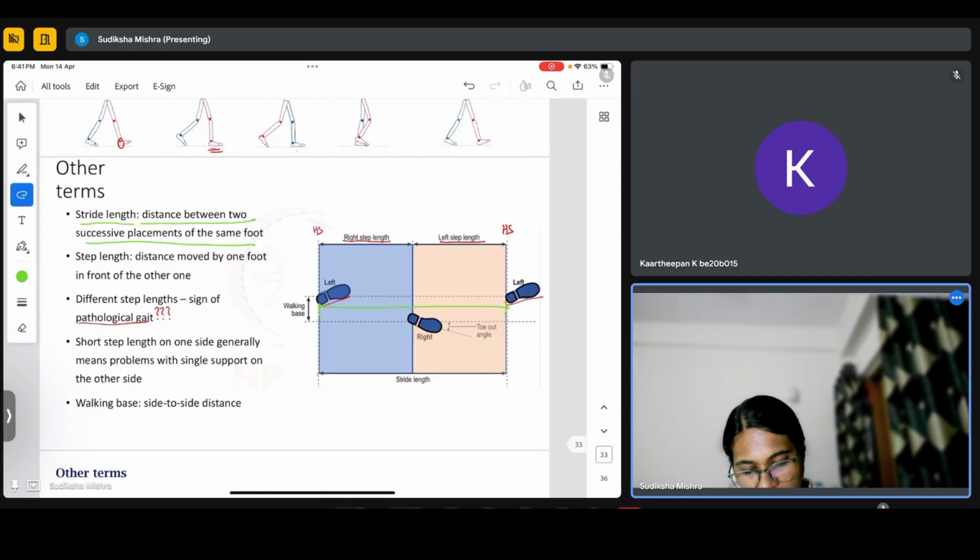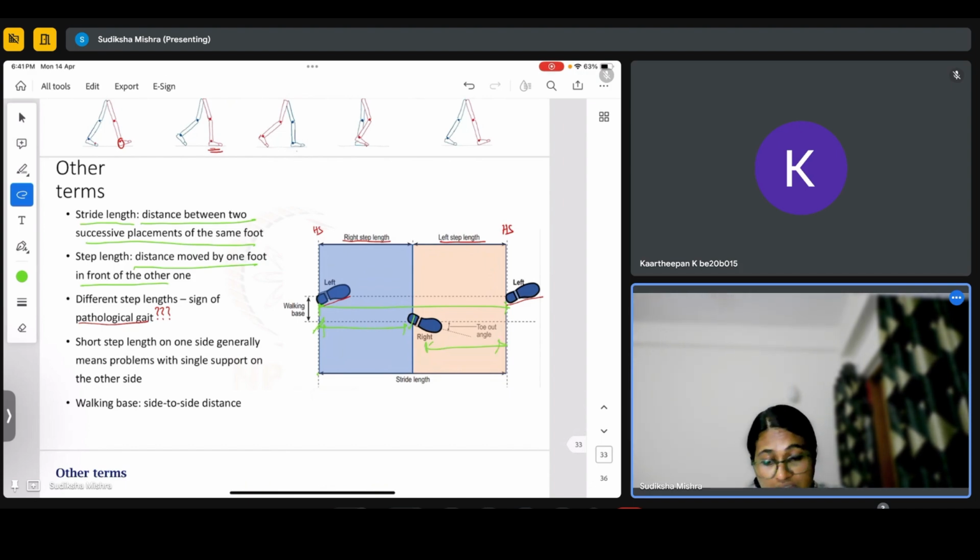Another term that you would encounter is step length, which is the distance moved by one foot in front of the other. So either this distance or this distance.